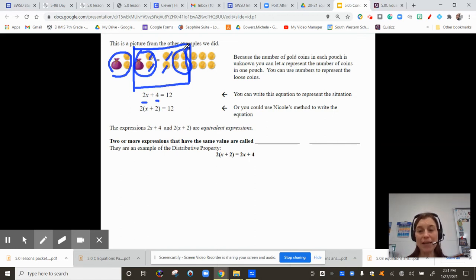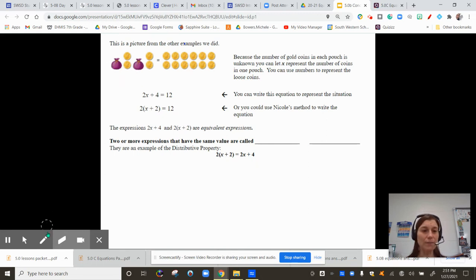What we're going to be doing today is we are going to be translating these pictures into a more abstract way of writing it. So we're going to change from doing the concrete and we're going to be doing the abstract. So for example here, the bags are X's and the coins are constants.